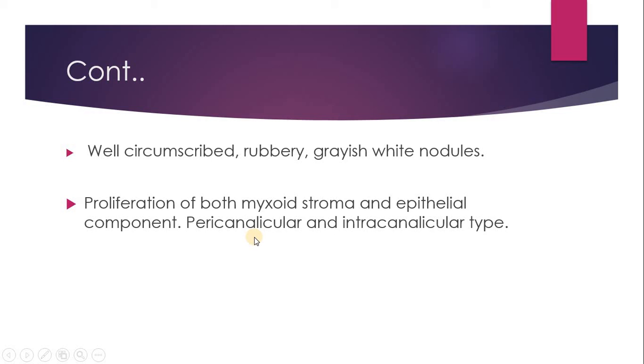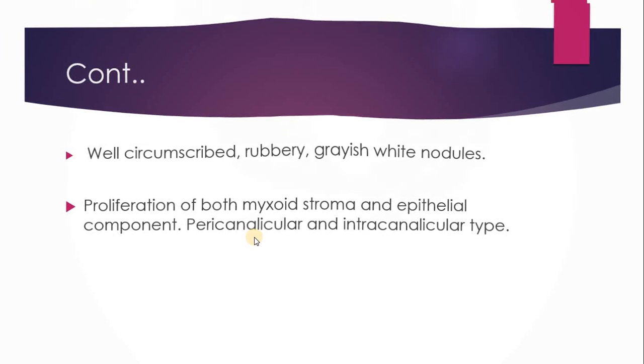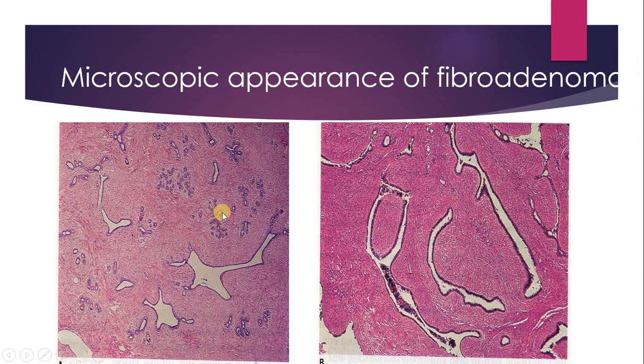It may be pericanalicular or intercanalicular type. These are glandular proliferation with stromal proliferation. This is the microscopic feature of fibroadenoma. In short, these are the benign epithelial lesions.